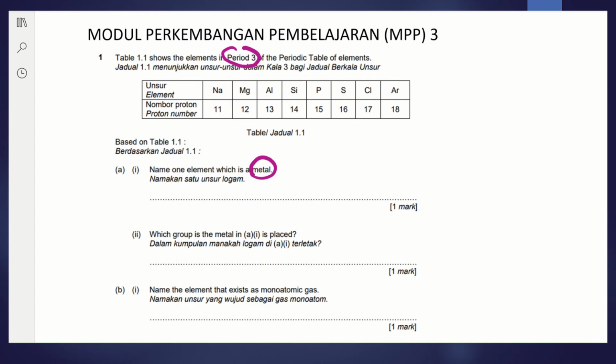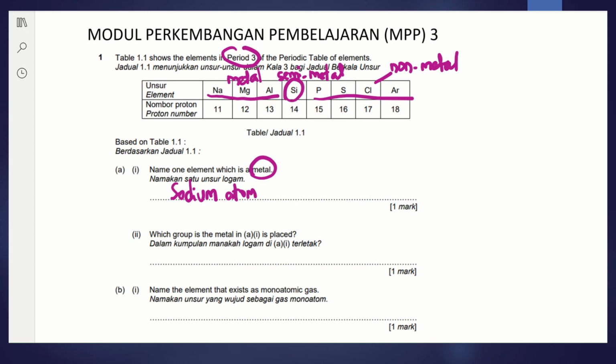The first 3, sodium, magnesium and aluminium, exist as metals. Silicon is the only semi-metal in period 3, while the rest are non-metals. So you can write down sodium.